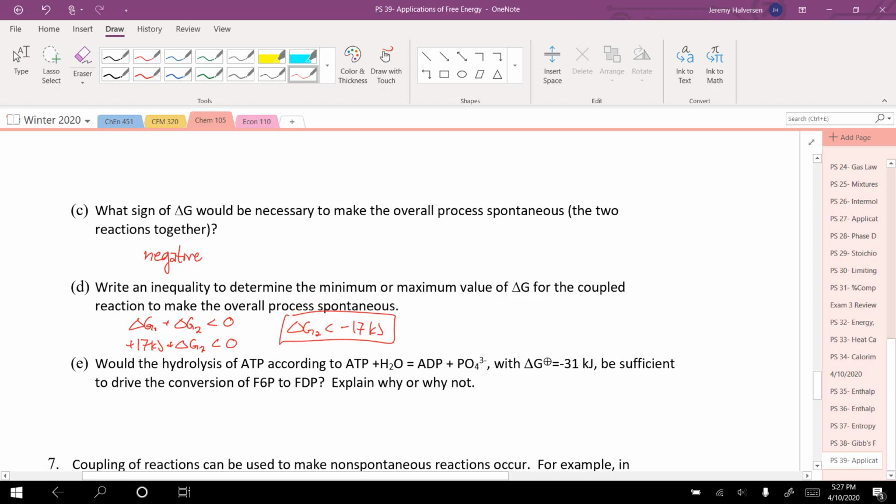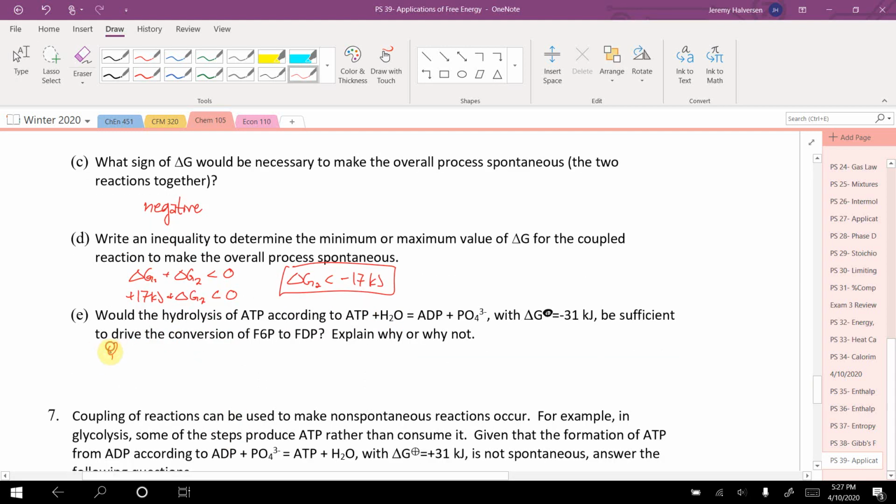Would the hydrolysis of ATP, according to this reaction, with a delta G naught of negative 31 kilojoules, be sufficient to drive the conversion of fructose 6-phosphate to fructose diphosphate? Explain why or why not.